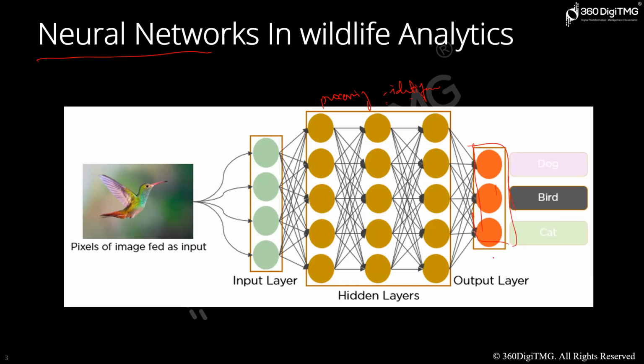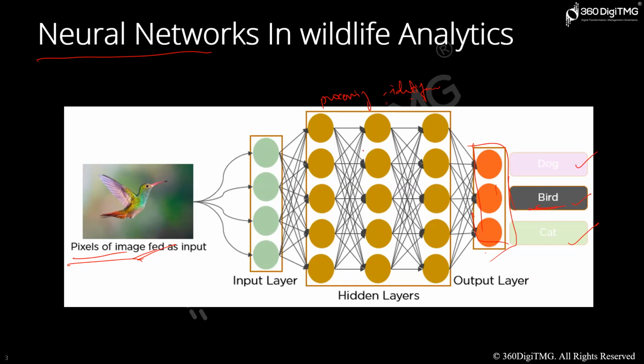After giving out the solution in the output layer, it identifies whether this pixel image belongs to a particular category. So this is a picture of a bird, the pixel image of a bird, and after going through input layer, hidden layers, and then output layer, it has identified that it is a bird.